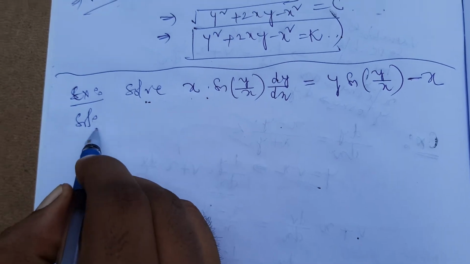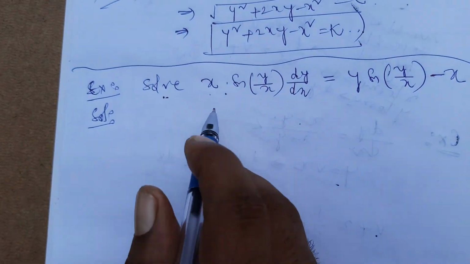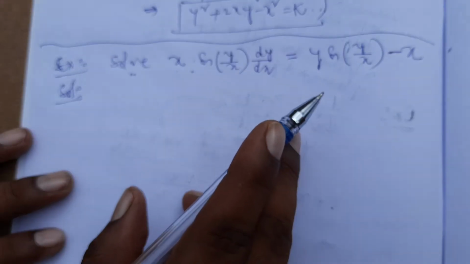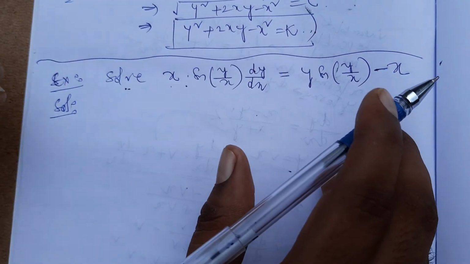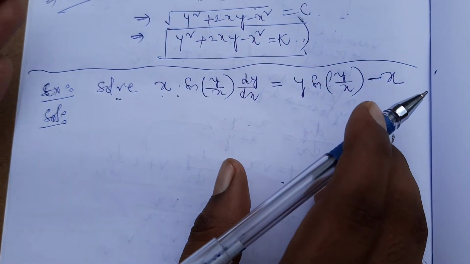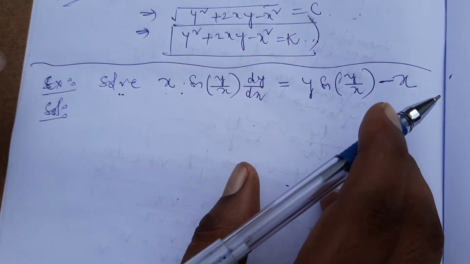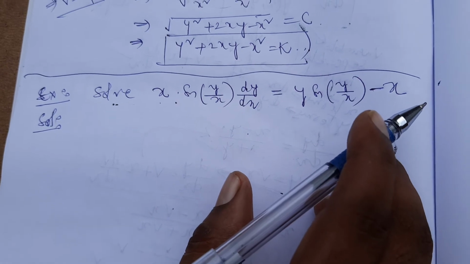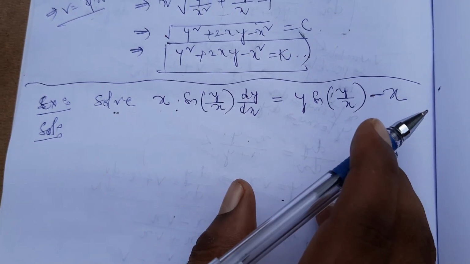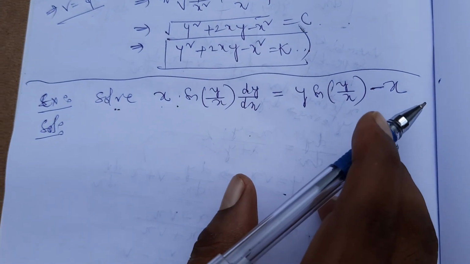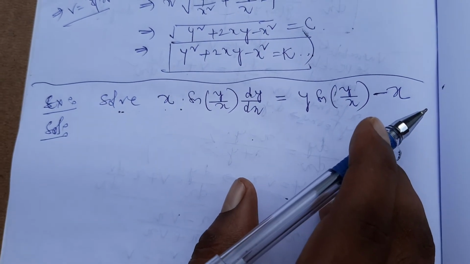Now here, I am telling you before, they will not mention any particular method. Either the given problem changes to variable separable method or homogeneous or non-homogeneous. Students only have to understand. How to understand means, by practicing more examples you can understand whether the problem goes to variable separable method or homogeneous method or non-homogeneous method.